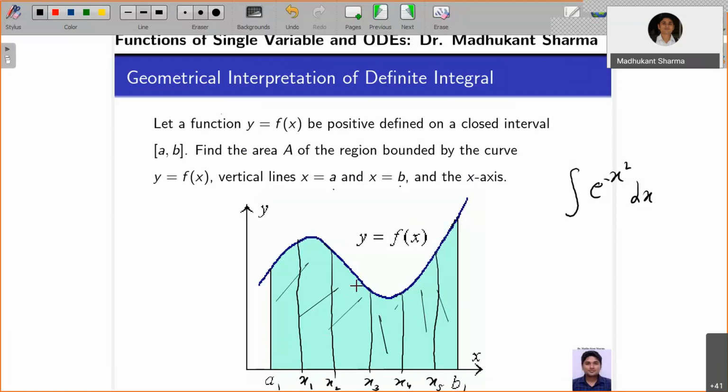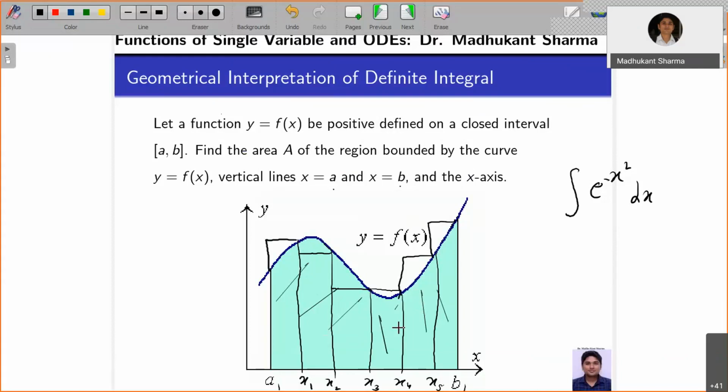I will take one rectangle this way, another rectangle here, another here, and so on. Some of them are below the curve, some of them are above the curve. This is one way of doing it.